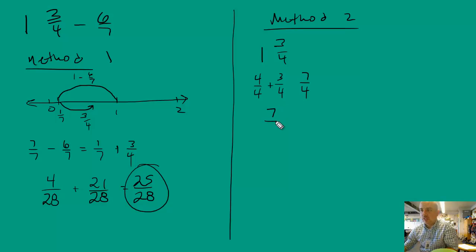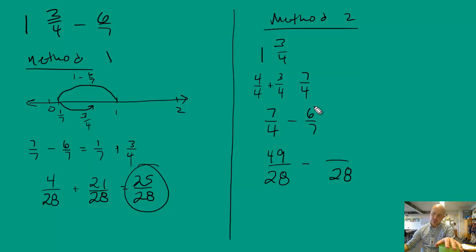So now I can just do 7/4 and subtract out 6/7. And so I'm going to do the same thing. I've got to find my 28ths, right? 4 times 7 is 28. And 7 times 7 would be 49. 7 times 4 is 28. And 6 times 4 is 24.